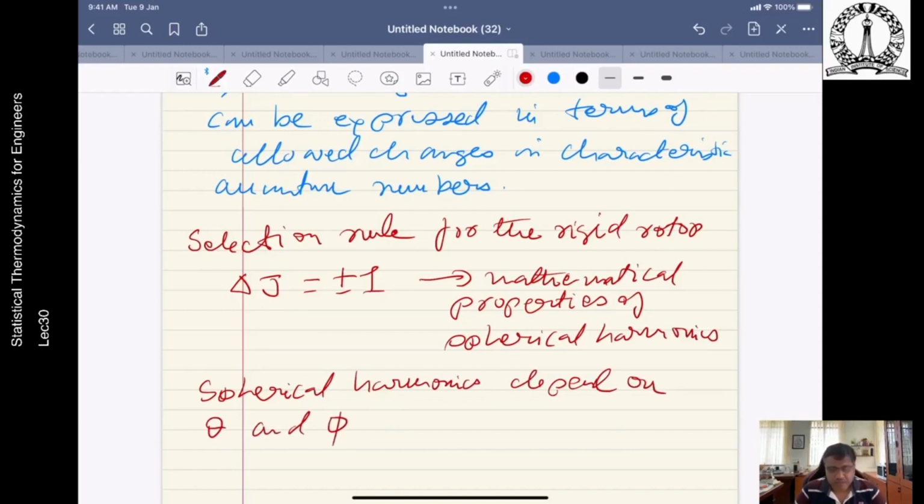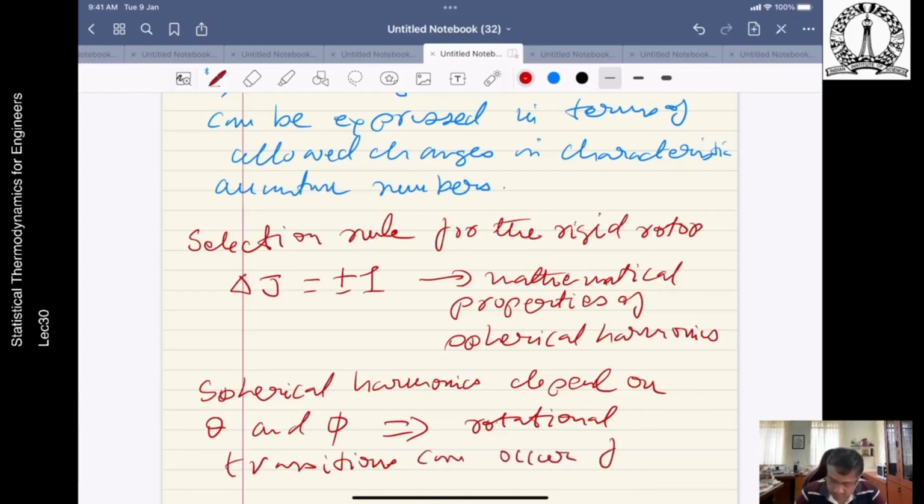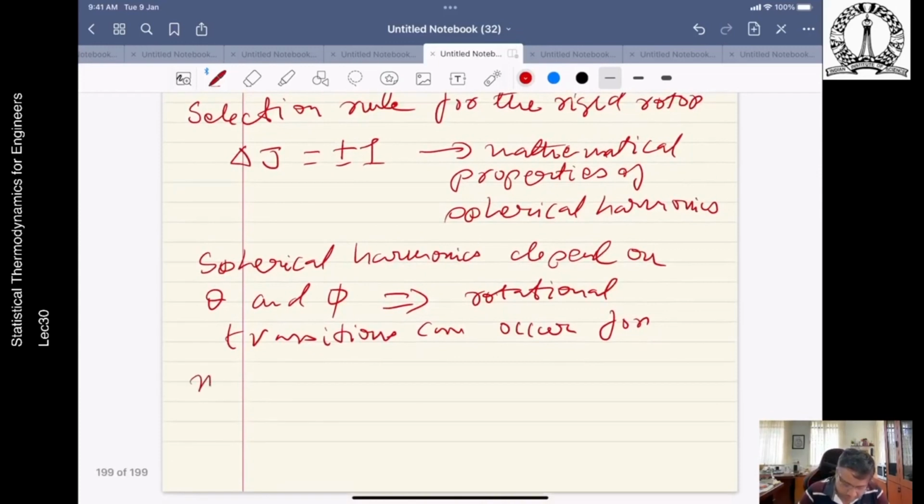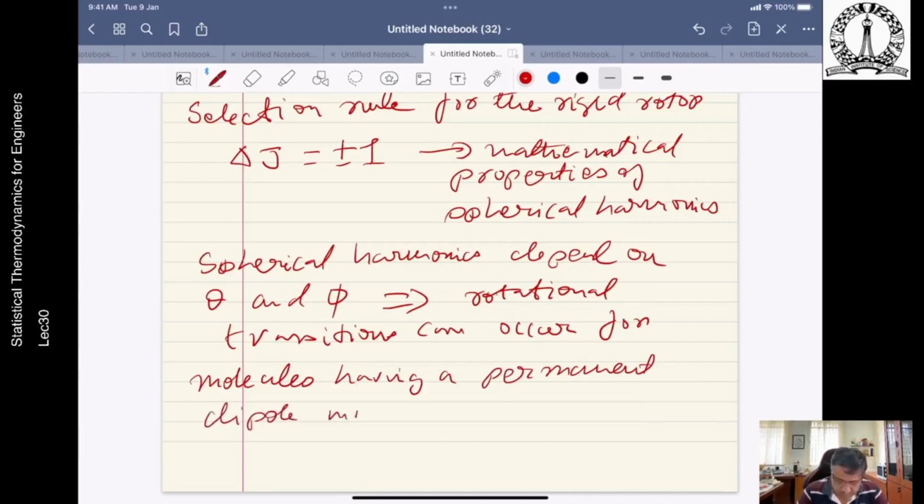This implies that rotational transitions can occur for molecules having a permanent dipole moment, which in other words means mu is not equal to 0.